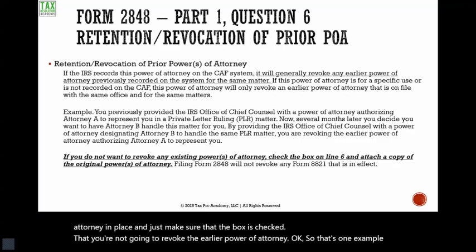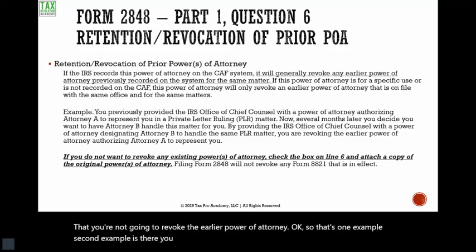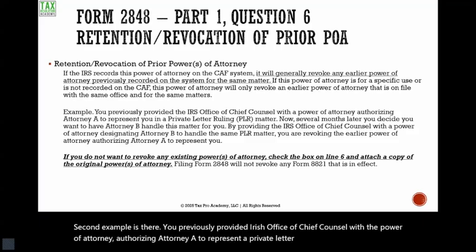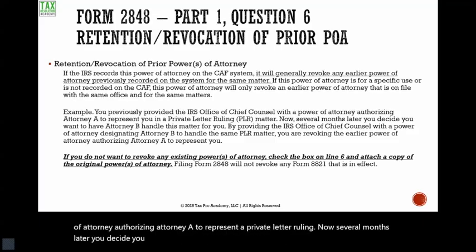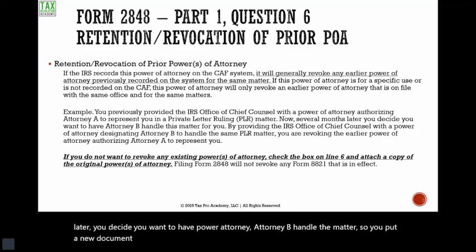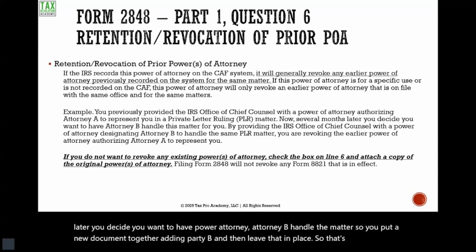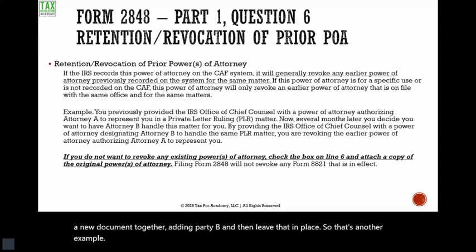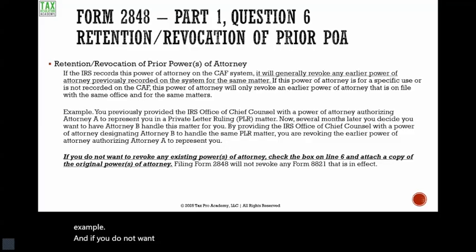The second example is that you previously provided the IRS Office of Chief Counsel with a power of attorney authorizing Attorney A to represent you on a private letter ruling. Now, several months later, you decide you want Attorney B to handle the matter. So you put a new document together, adding party B, and then leave that in place. So that's another example. Okay, and if you do not want to revoke it, check the box and attach a copy of the original power of attorney.